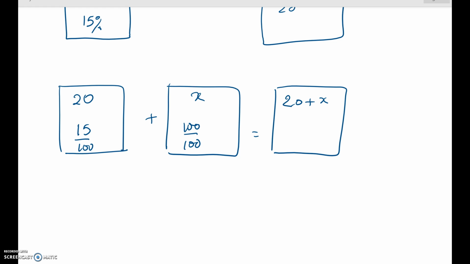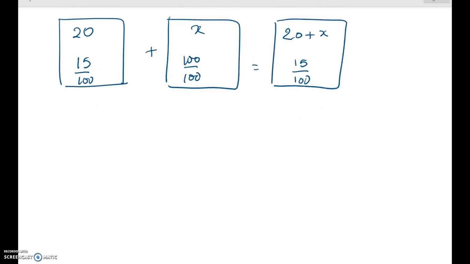We are telling you at the end, you got 15%. Okay? Therefore, now what I need to do is, it's 20 multiplied by 15 over 100, plus X multiplied by 100 over 100, it's 1. Okay? Equal 20 plus X multiplied by 15 over 100.